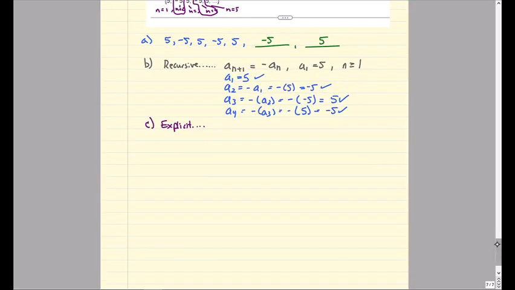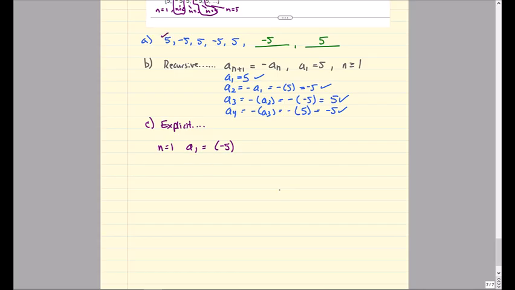I can think of a couple ways that we might want to rewrite this. So a sub n for the explicit form, I could have negative 5. Sometimes some of these are trial and error, so let's see what we can get to work here. Remember, this is n equal 1. So a sub 1 here.